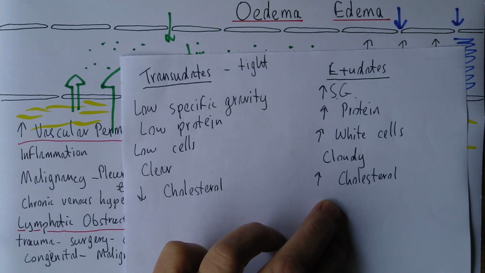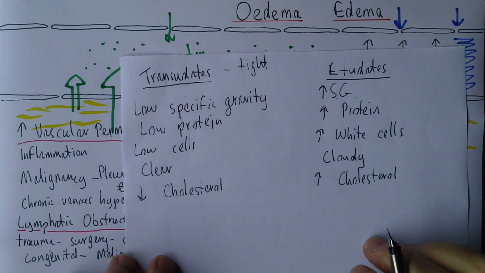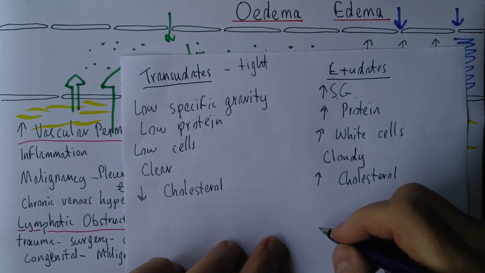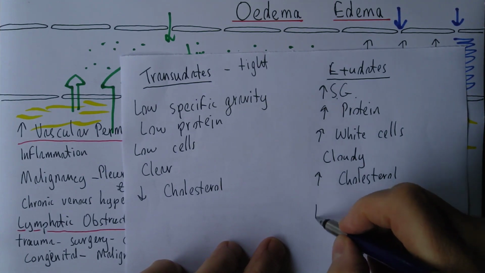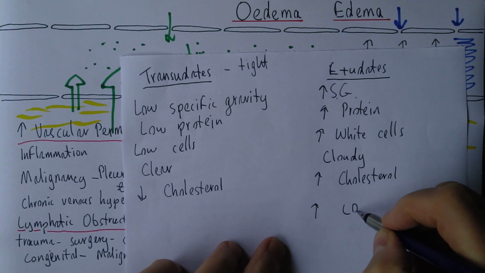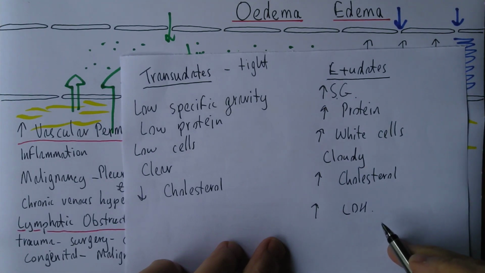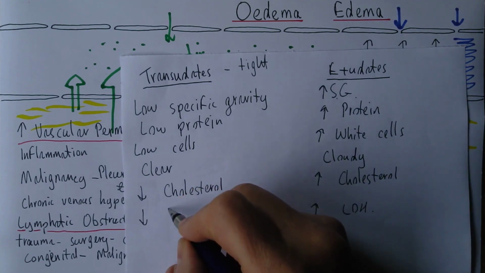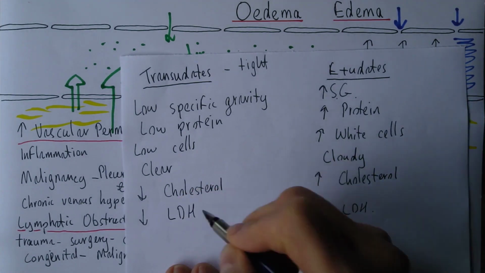And particularly if we're thinking about the pleural exudates, pleural effusion, the exudate's going to contain lactic dehydrogenase, for example, which is an enzyme produced by the pleural membranes when it's inflamed or when it's subject to a malignant process, whereas the transudate's going to be low in lactic dehydrogenase.